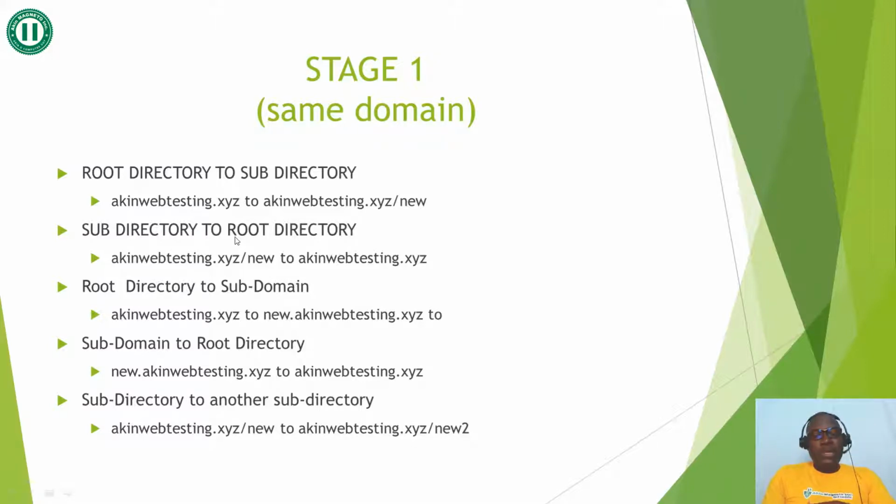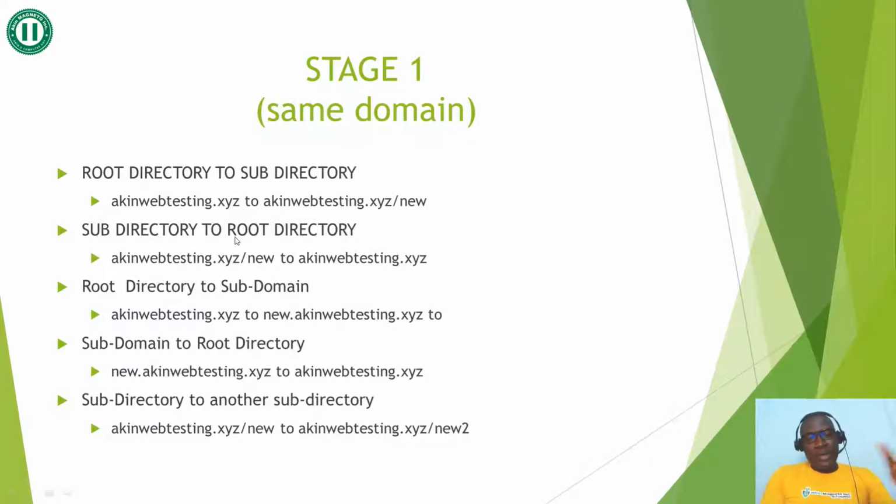Now, a subdomain often comes as a prefix before the main domain name. I'm very sure you must have seen examples of this online where you have new.domain.com. That means you have an extension before the domain itself and the suffix.